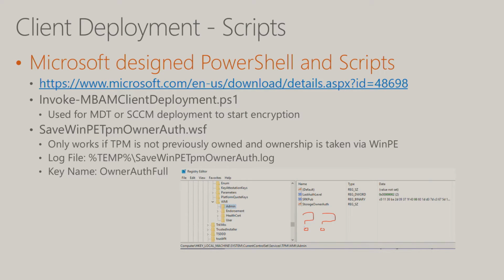Set these registry keys, then install this, and then take out these registry keys, and cross your fingers and stand on one foot at the same time. So they wrote a PowerShell script. It works pretty good. I've used it quite a bit. What you want to do is take out the existing enable BitLocker task sequence step and put this in its place.